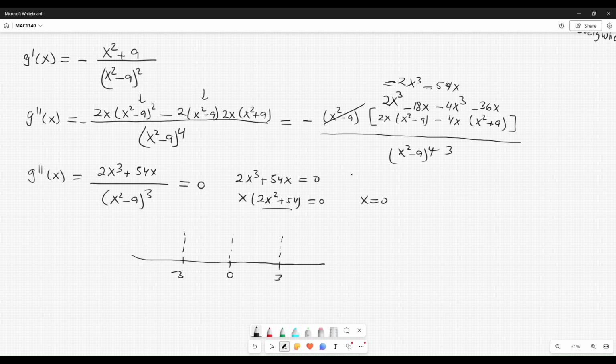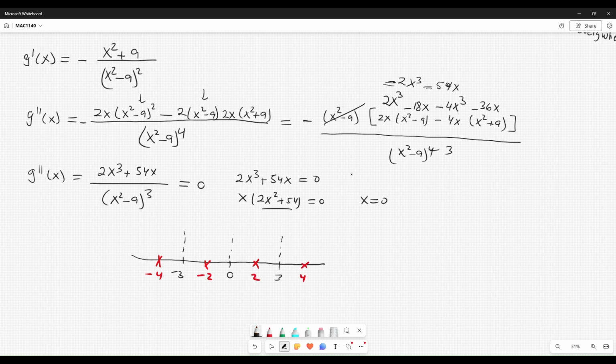I select totally randomly testing points for the second derivative test. Suppose I select negative 4, negative 2, positive 2, and positive 4.